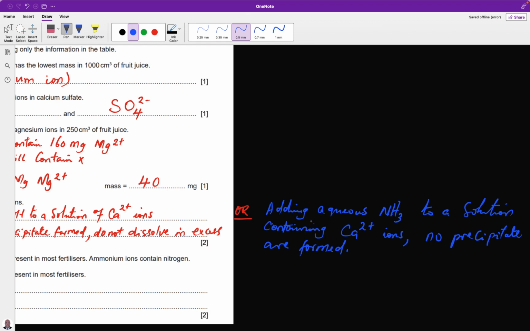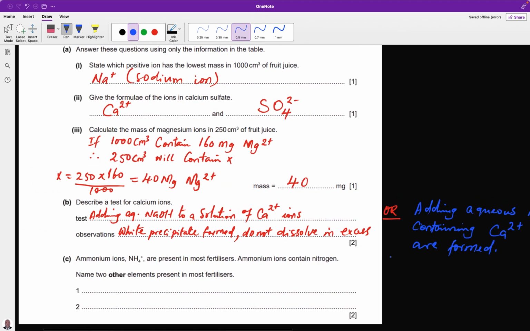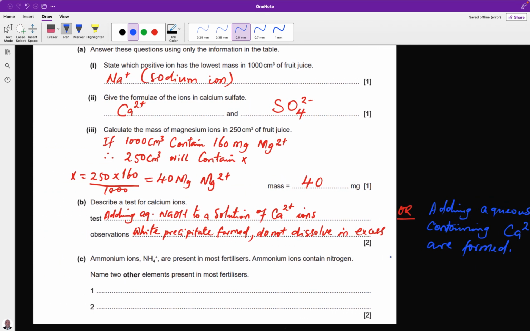So the test is on adding aqueous ammonia to a solution containing calcium ion, our observation will be no precipitate is formed. But if you are using sodium hydroxide, addition of aqueous sodium hydroxide to a solution containing calcium ion, white precipitate is formed that does not dissolve in excess. That is a simple test.